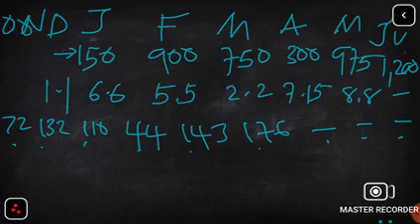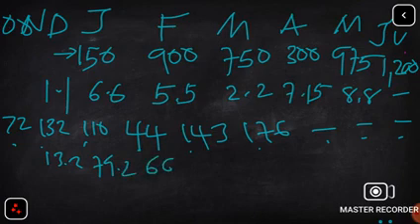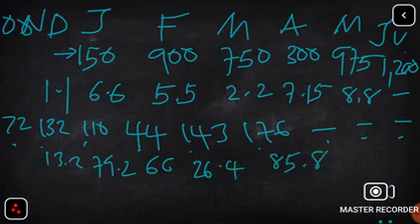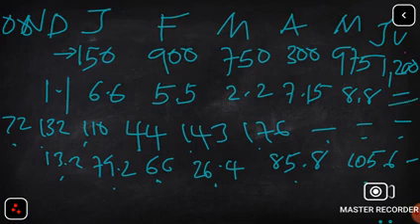So if we do that, we're going to have 13.2 in December, and then in January we are going to have 6.6 times 12, we have 79.2. Then 66, 26.4, 85.8, 105.6, and nothing there. So this is for December, January, February, March, April, May, and then June we have nothing because we didn't produce anything according to what we can see there.